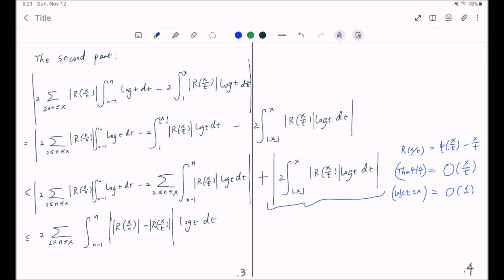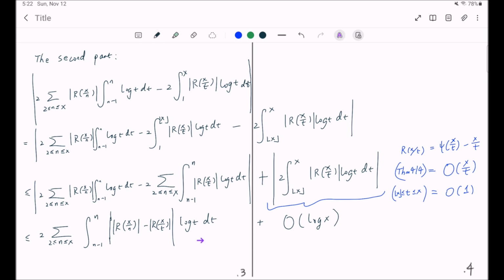So this integral in total will be bounded by the difference of the limits, which is bounded by 1, times this guy, which is a big O of 1 for t between these two limits, and log of t is bounded by log of x. Together it is a big O of log of x.